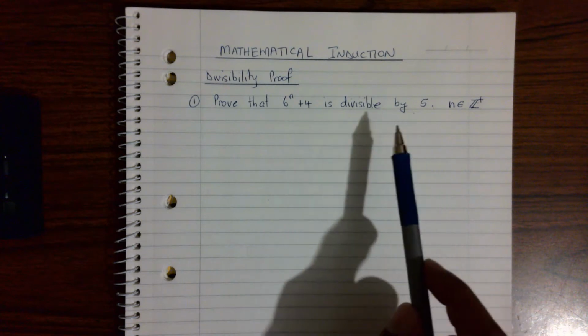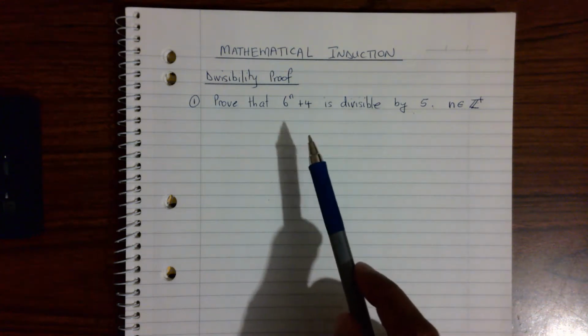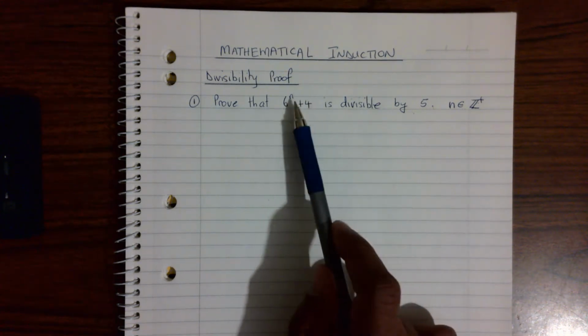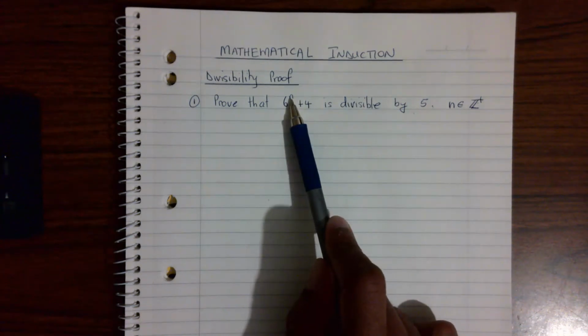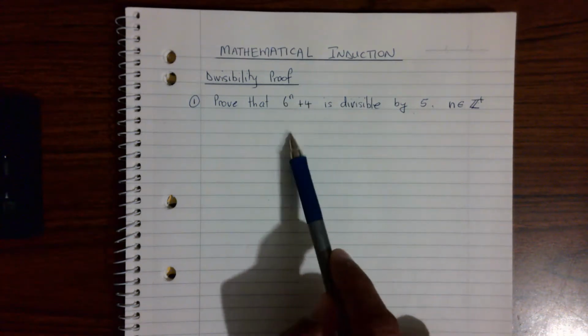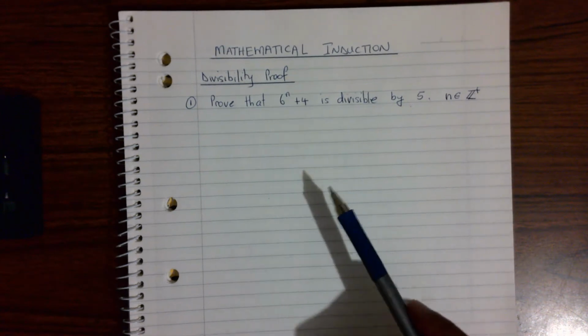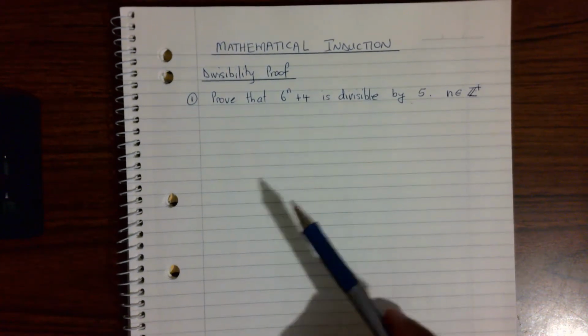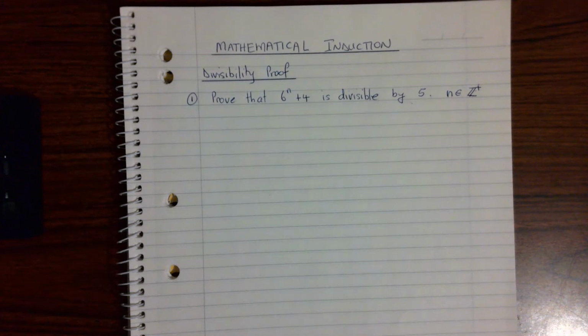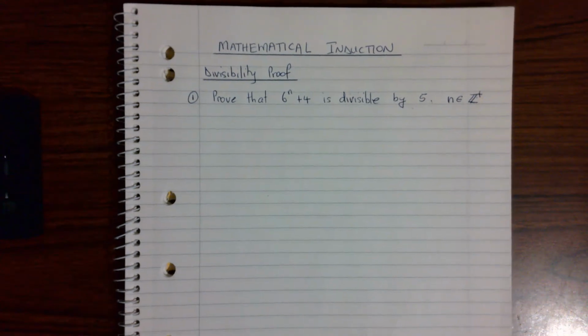It means that you could choose values of n and show that this expression, the answer, comes out to be a multiple of 5. Notice I'm saying multiple of 5 because if any number is a multiple of 5, it is also divisible by 5. So I want you to think about that. Say, for example, 15 is a multiple of 5, or you could say 15 is divisible by 5. It means the same thing.